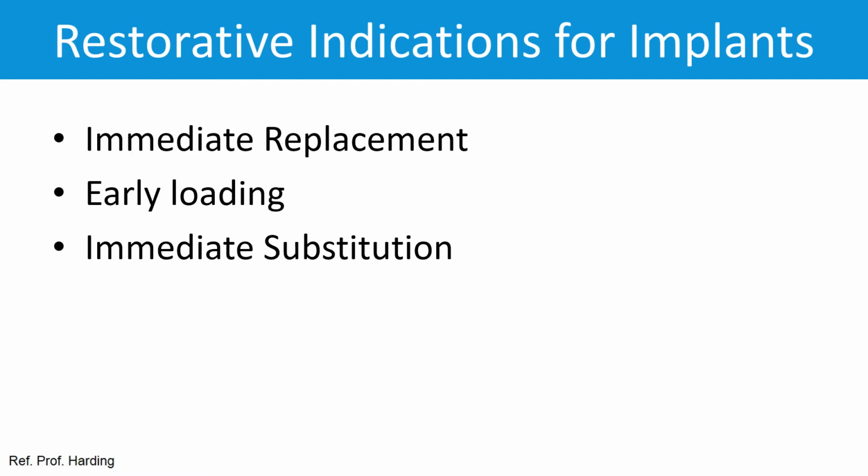And then ultimately we've come to the situation of immediate substitution, which is a combination, if you like, of immediate implant placement into an extraction socket and the placement of a tooth on top, placed into immediate function.